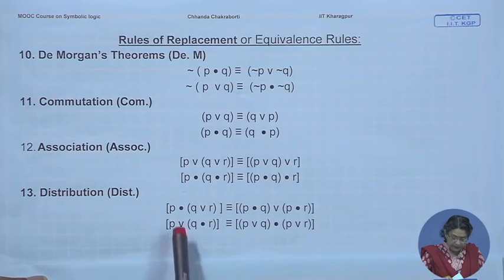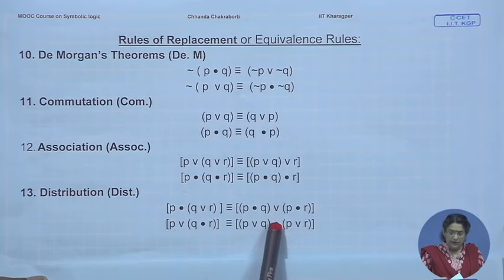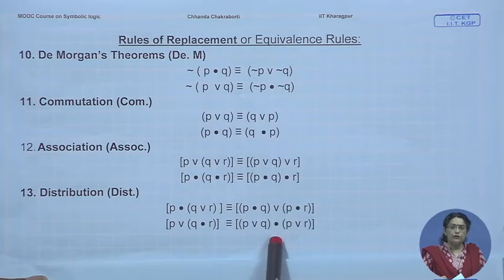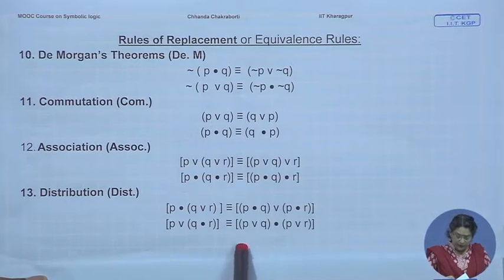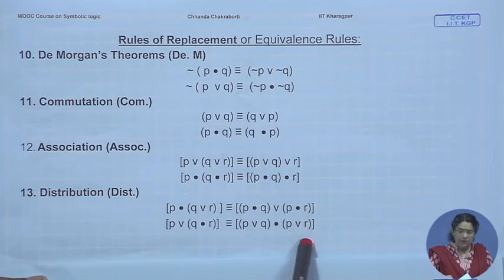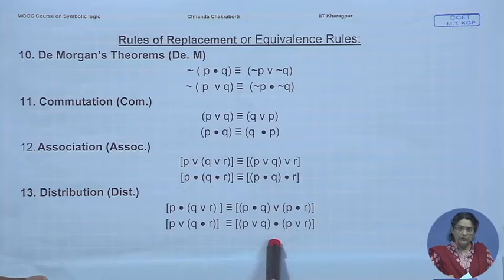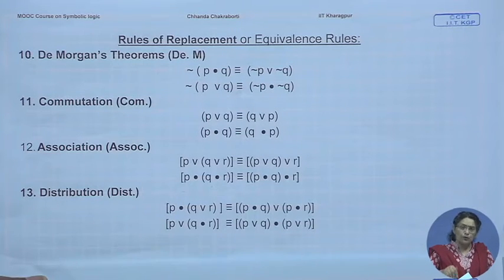For example, see here in the distribution what happened: a conjunction became a disjunction, and the disjunction became a conjunction. And sometimes there are rules which apply specifically to conjunction. For example, you want to get rid of the p wedge r, and you know that there is a rule of inference called simplification, which works only on the conjunction. So, there is benefit in looking closely into these equivalence rules.